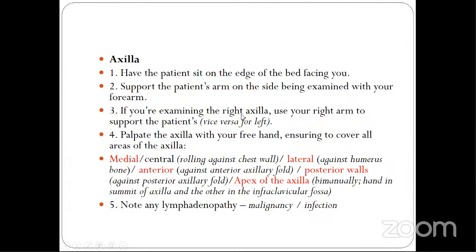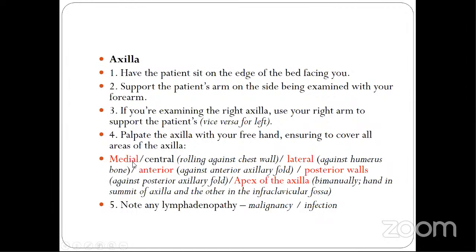If you examine the right axilla, use your right arm to support the patient. If you examine the left, your left arm will support the patient. Then palpate the axilla with your free hand, and you should examine and cover all areas.